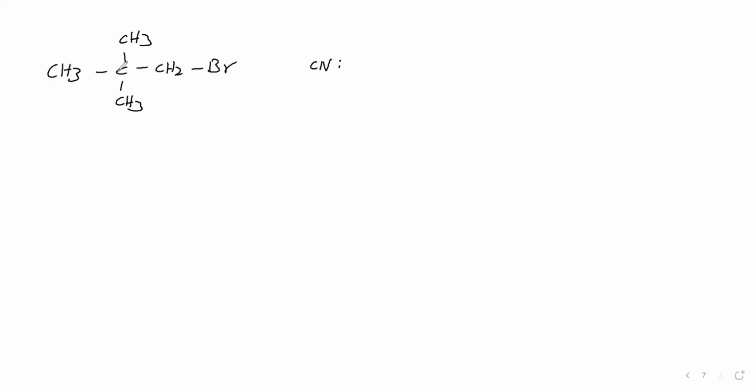Now, in this quaternary case, the primary carbon is having halogen. Therefore, this part we can say as neo. And 5 carbon atoms are present, therefore pentyl. Br name is called bromide.